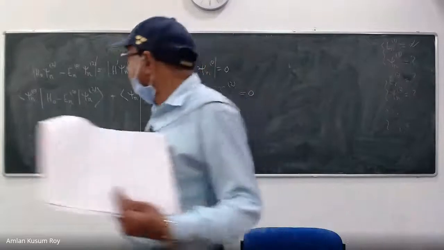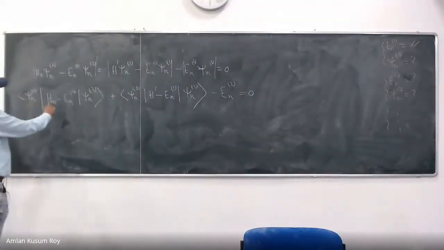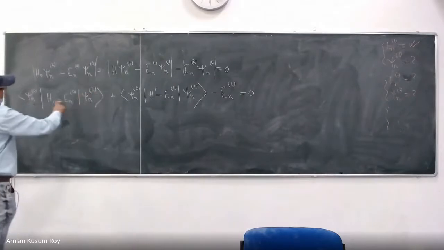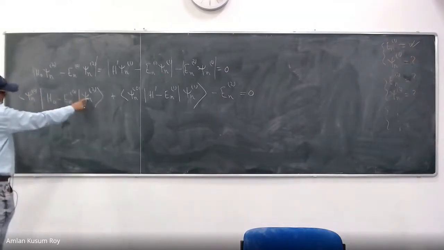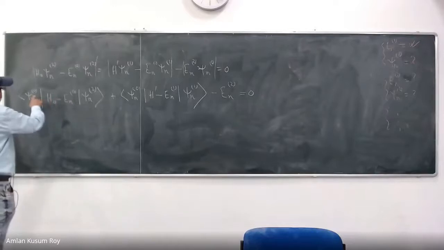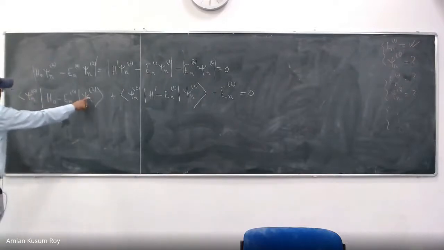Other people, please. Because we have ⟨ψn0|H0|ψn2⟩ and ⟨ψn0|En0|ψn2⟩, and En0⟨ψn0|ψn2⟩ is simple. But for the first term ⟨ψn0|H0|ψn2⟩, H0 is Hermitian, we have assumed.